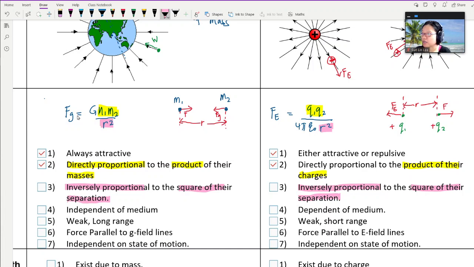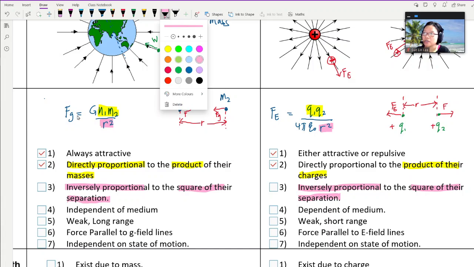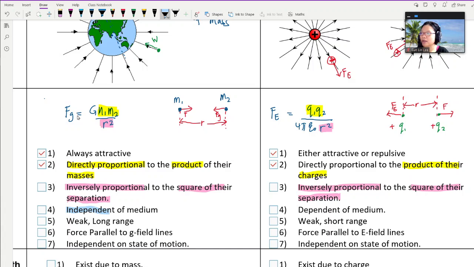It does not. This is pretty logical, because if not, it would be pretty scary. If the solar wind blew a bit and the gravitational force changed, then the Earth might not stay in orbit anymore. It might fly away, with insufficient centripetal force. So it's great that this is independent of medium. The gravitational constant G is the same everywhere, in vacuum, in water. It doesn't depend on anything else.